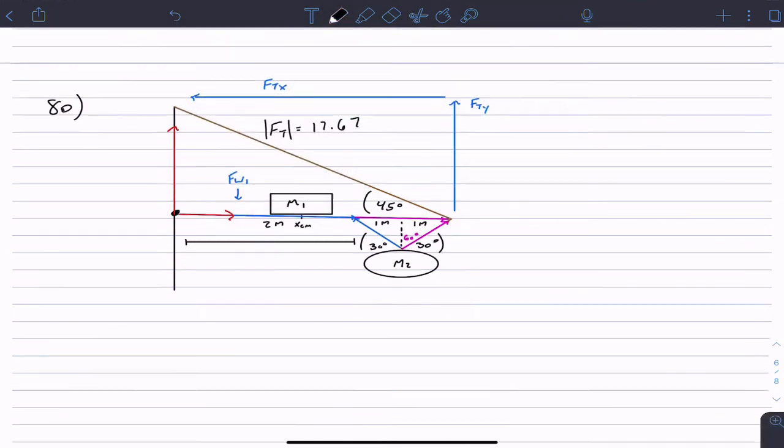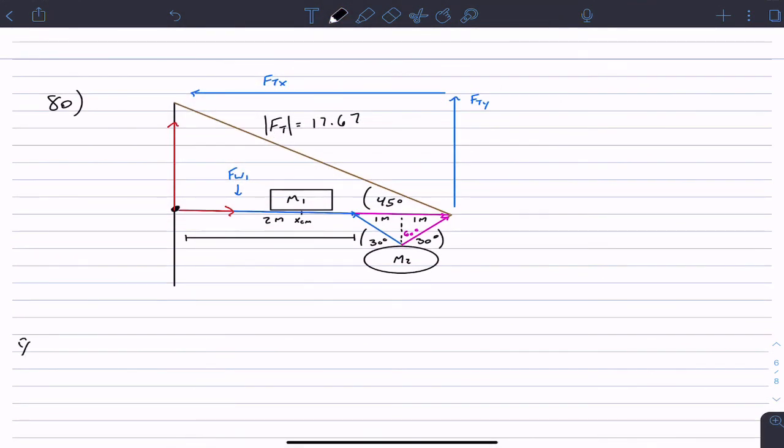So let's do this. Let's sum up all of our y components again. So now we'll call this hinge F_H, right? F_H in the y direction plus F_TY minus F_W1 minus F_W2.